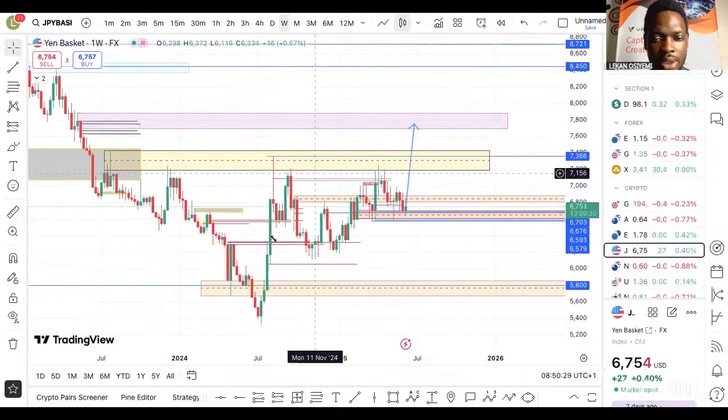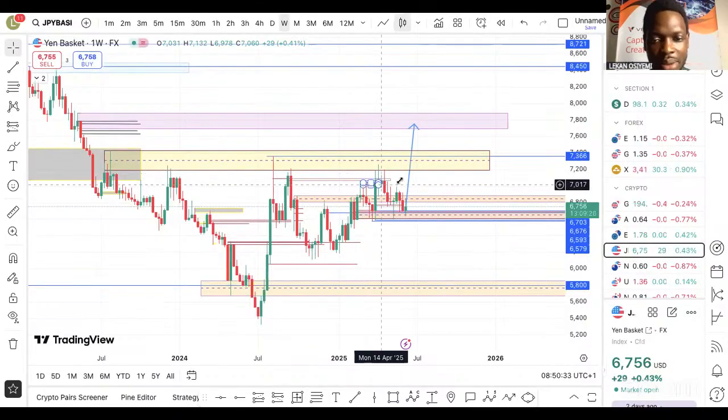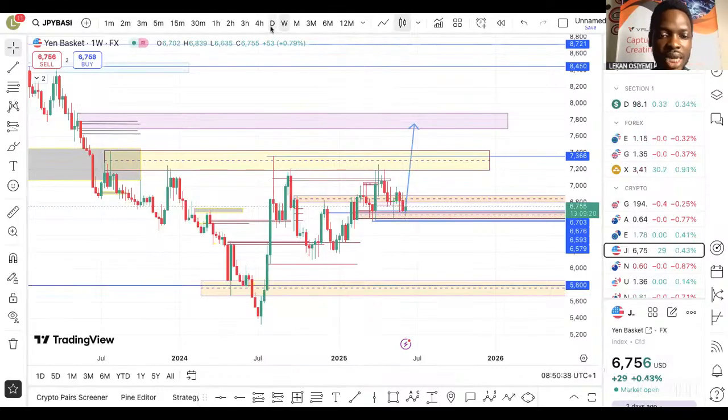But what we can see so far is, since it got into this consolidation on the weekly time frame, price has been trading within this range, and the overall view is still that after this first leg of buy move, we expect the second leg into this POI.